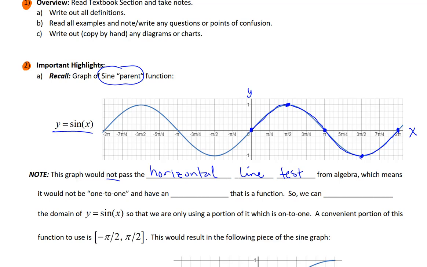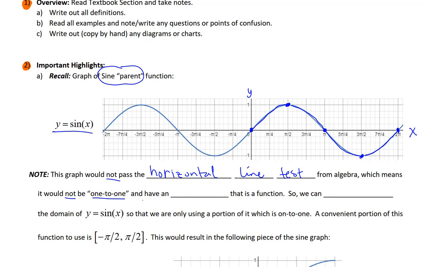Okay, so this might involve putting your algebra hat on for a second to recall the horizontal line test.